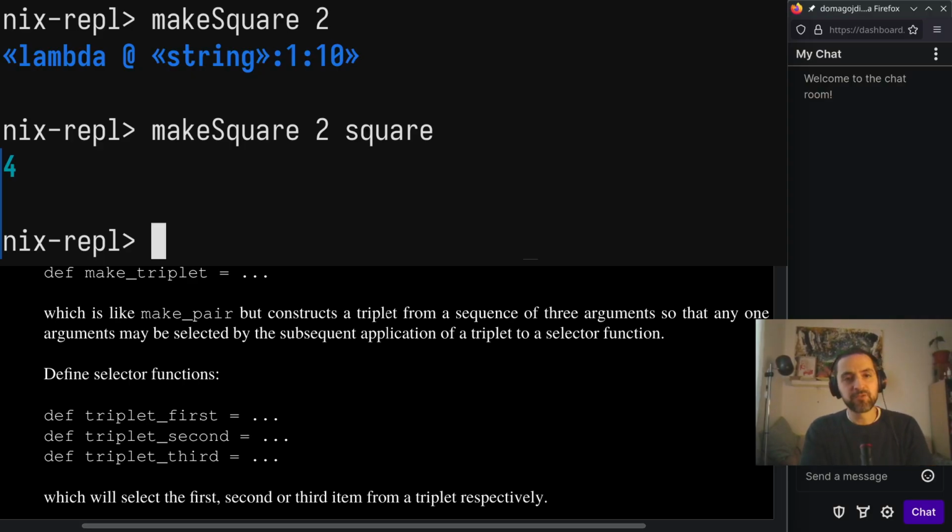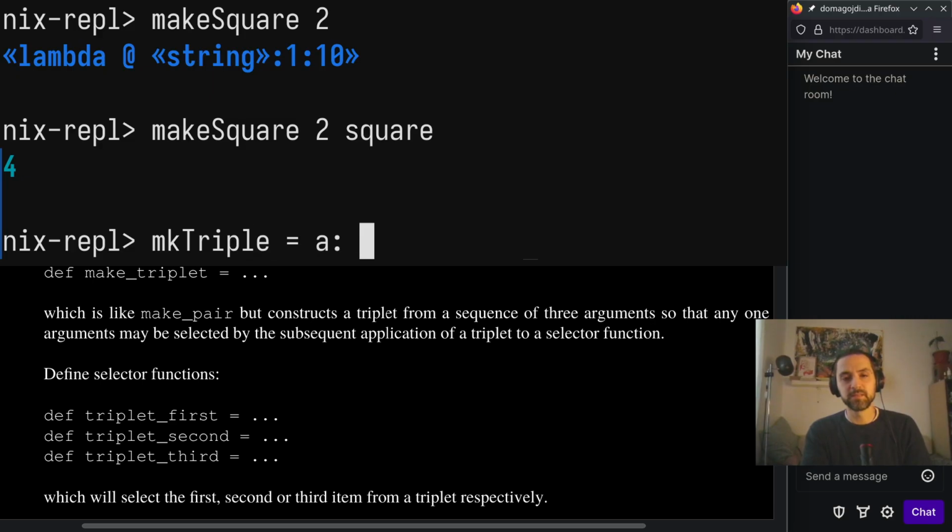So let's do make triplet. Come on. Let's make triplet. As lambda A. So this is gonna be, I wonder if I can do, let's do like triple. MK, let's keep it short. MK triple.